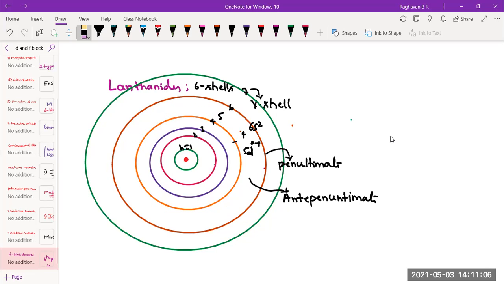I think you can understand. So now this is 7s2, then 6d 0 to 1, then 5f 1 to 4.